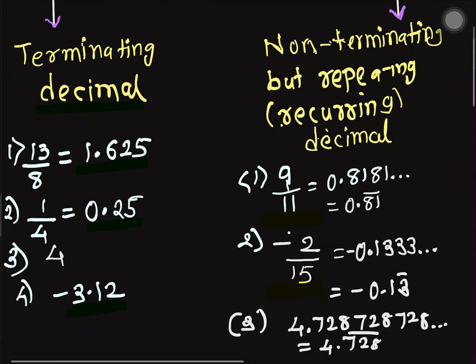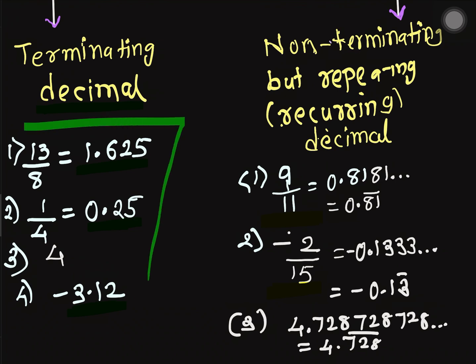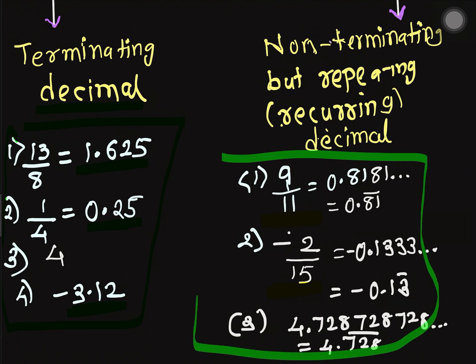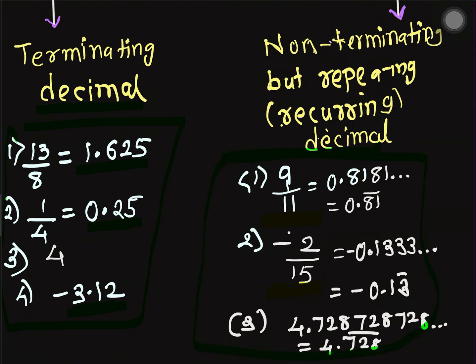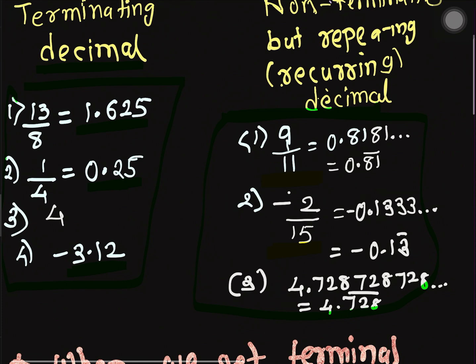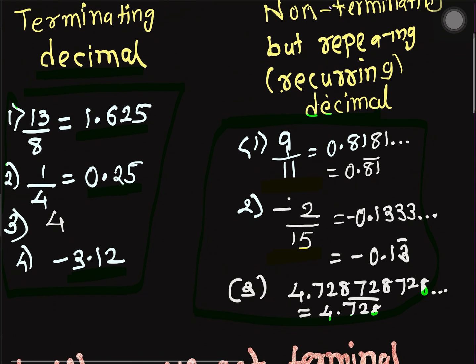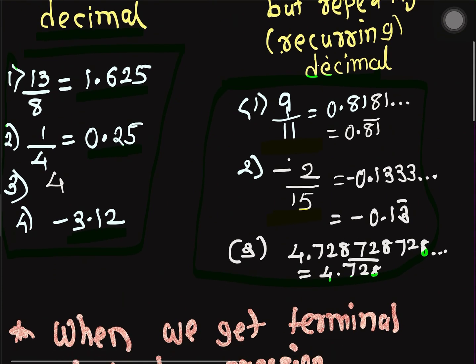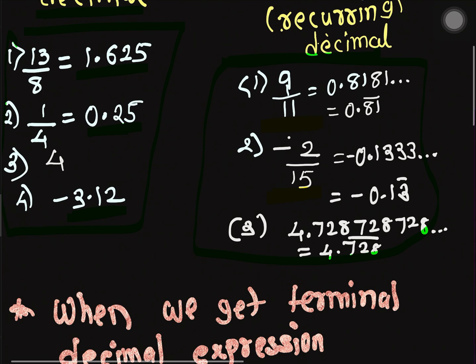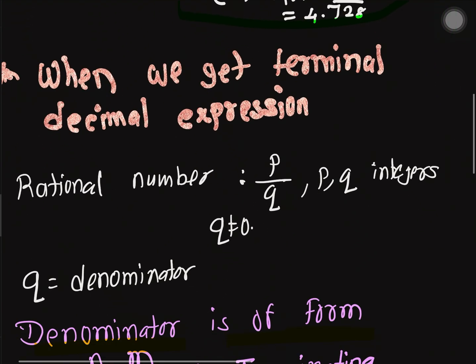So in the decimal expression of a rational number, either you get a terminating decimal expression or a non-terminating but repeating decimal expression. For example, 13 by 8 is 1.625. These are terminating decimal expressions, and these are the non-terminating decimal expressions. Now, when do we get a terminating decimal expression and when a non-terminating one?